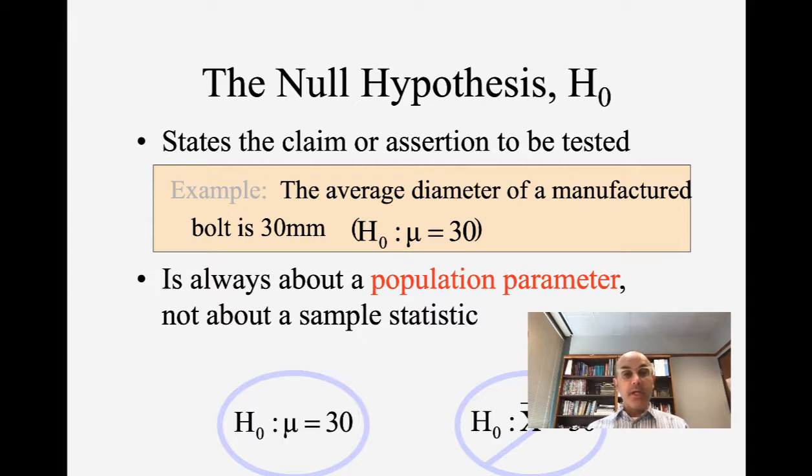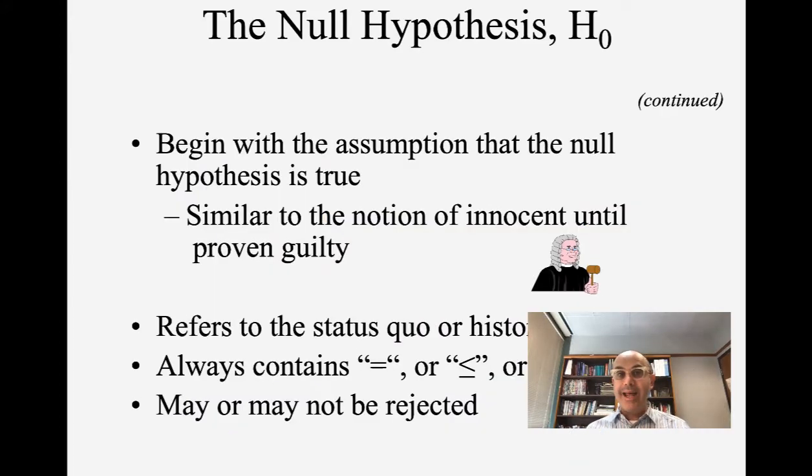Example: the average diameter of a manufactured board is 30. So in this case, mu equals 30, and that's what we will test. And in this case, it's not about the sample, it's not about X hat, it's about the entire population.